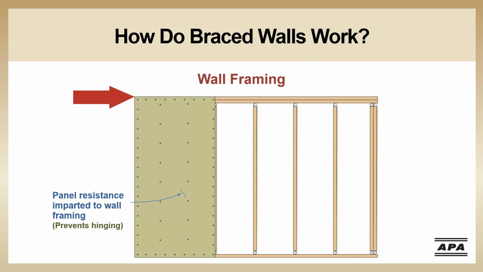Bracing makes the hinged connections rigid connections and transfers the lateral load through the panel to the bottom of the wall. In other words, the panel becomes part of the lateral load path. Other types of bracing, such as let-in bracing or portal frames, work by a similar concept, by creating more rigid connections and creating a path for the lateral load to reach the bottom of the wall.